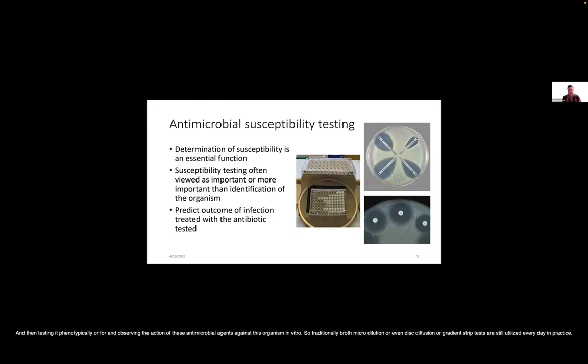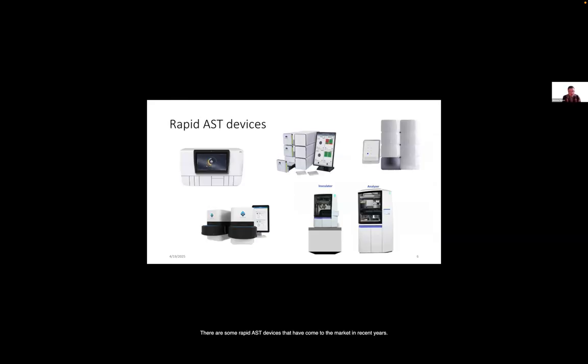Traditionally, broth microdilution, disk diffusion or gradient strip tests are still utilized every day in practice. There are some rapid AST devices that have come to the market in recent years, and these are great and promising in that they can provide MIC-based results in usually 6 to 7 hours, which is much faster than overnight incubation.